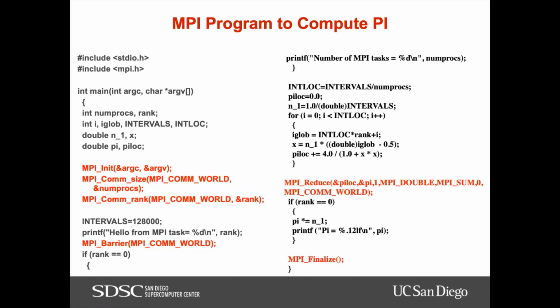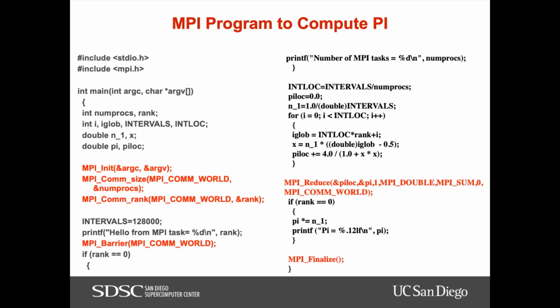So if you start the loop from 0 to some number of intervals divided by the number of processors, you're going to run the same loop variable on all of them. So say you had 128,000 as the number of intervals, and you're running with, say, 4 processes. Your loop will go from 0 to 32,000 on all 4 tasks.